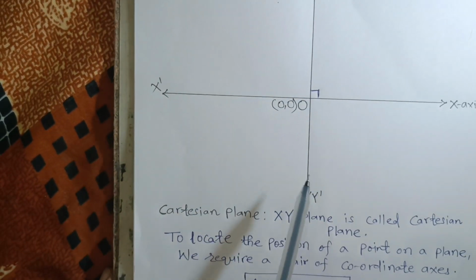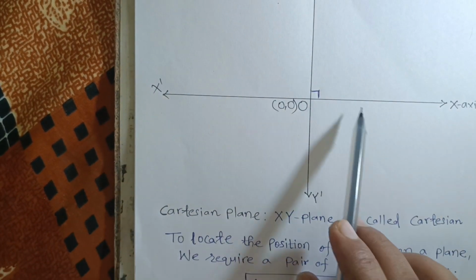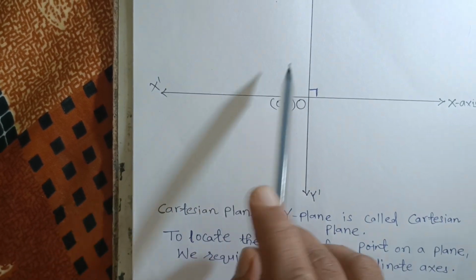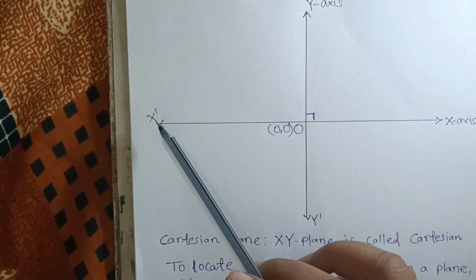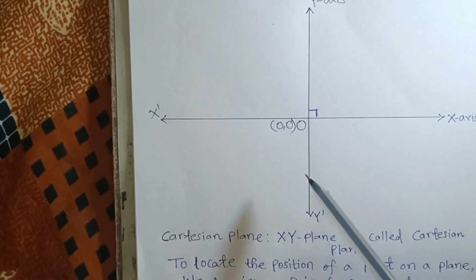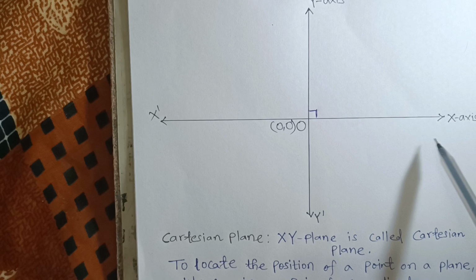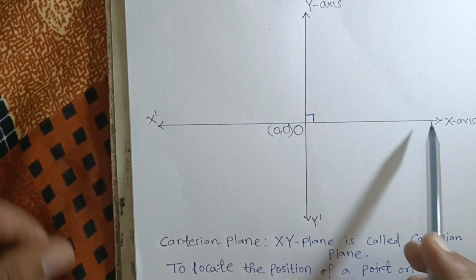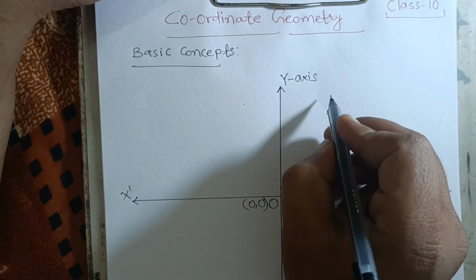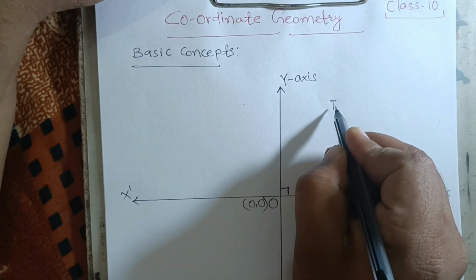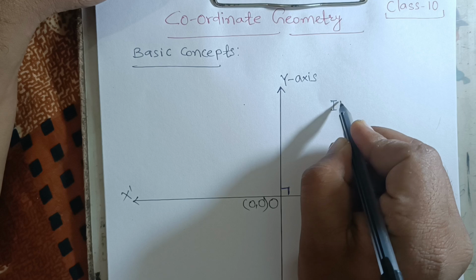Students, x axis and y axis divide the plane into 4 parts: x y plane, x dash y plane, x dash y dash plane, x y dash plane. X y plane is known as first quadrant.